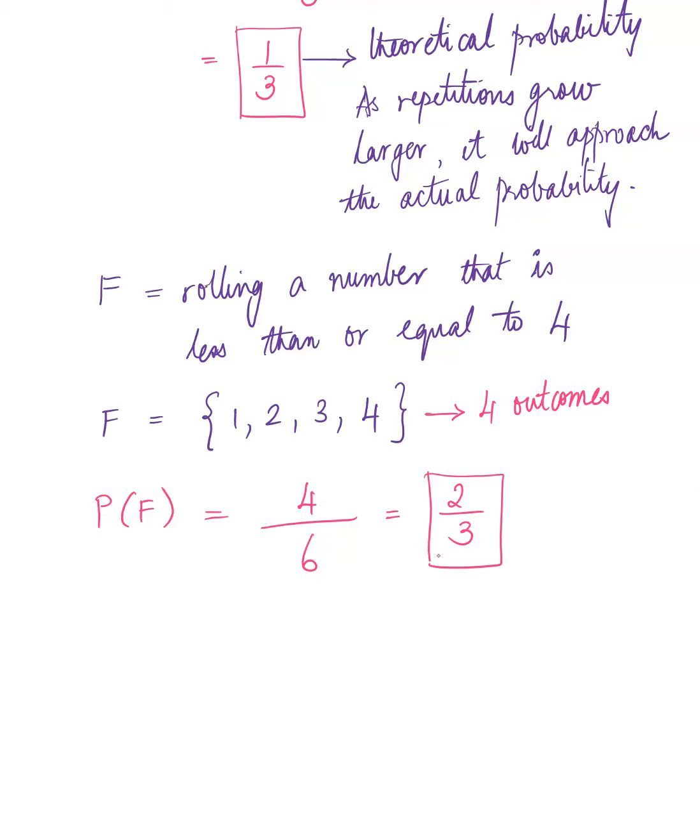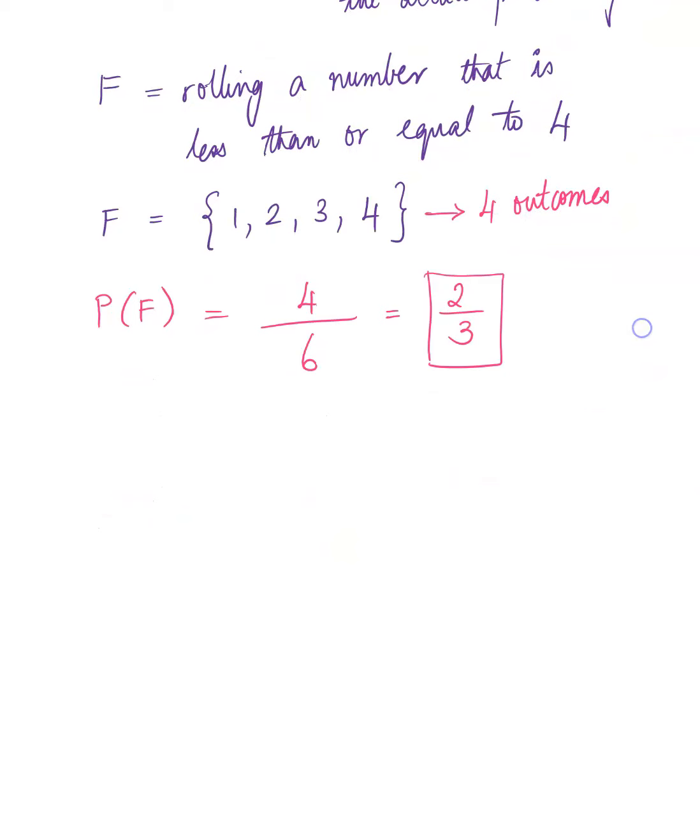Now let's say you are rolling a die and flipping a coin. Let's write that. So remember that these are independent, right? Meaning rolling a die does not impact flipping the coin and so on.